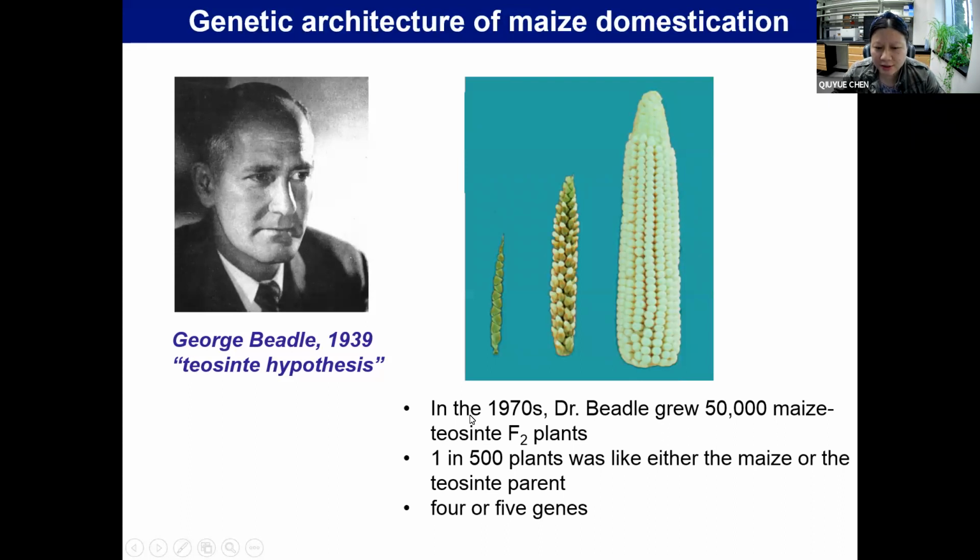Later in the 1970s, after his retirement, Dr. Beadle designed a massive genetic experiment where he grew 50,000 maize-teosinte F2 plants, and he observed that 1 in 500 plants was either like the maize or the teosinte parent. By doing the math, he concluded that 4 or 5 genes could account for the transition from teosinte to maize.